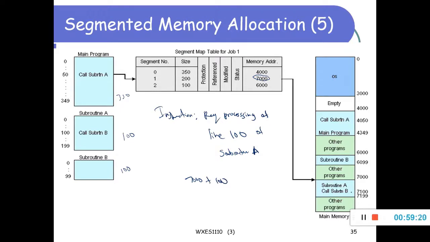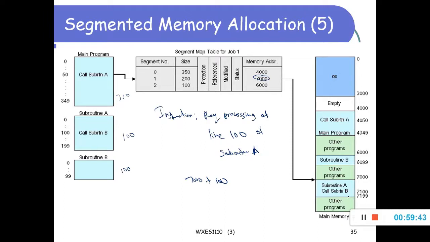In order to locate the line in memory, the memory manager has to add 100, the displacement, to 7,000, the beginning address of segment 1. So you add here 100, call subroutine A. And for subroutine B, it is plus another 100, so that is 7199.